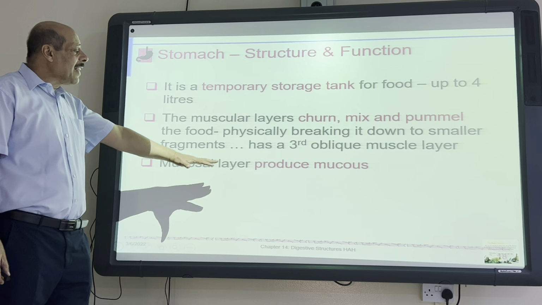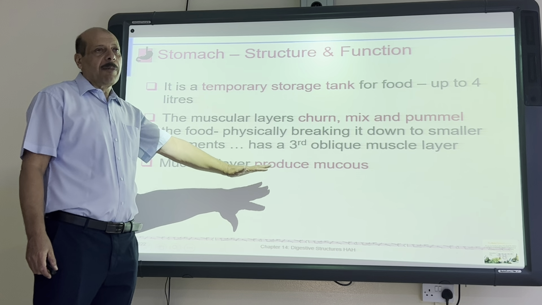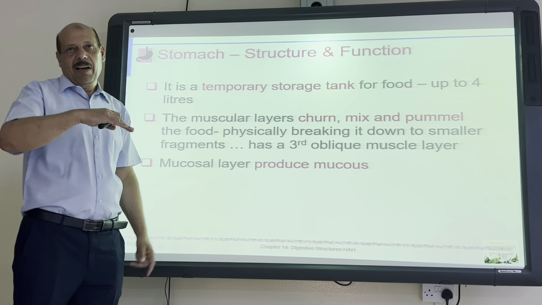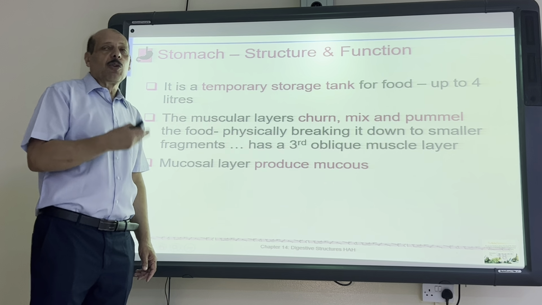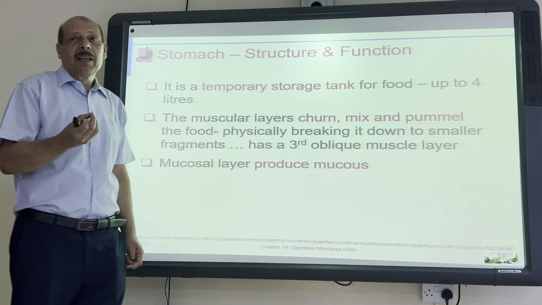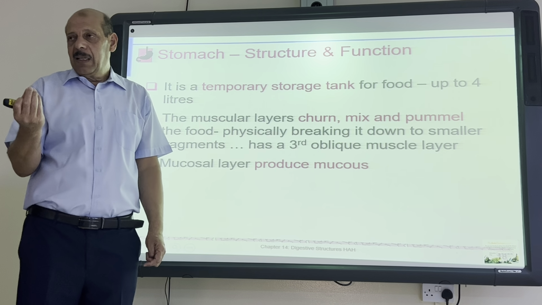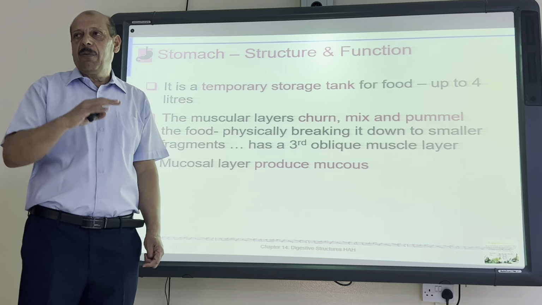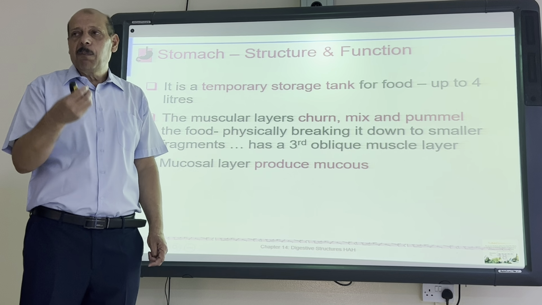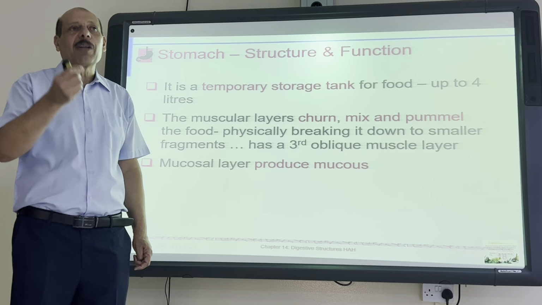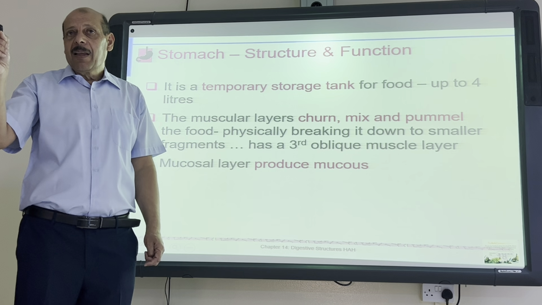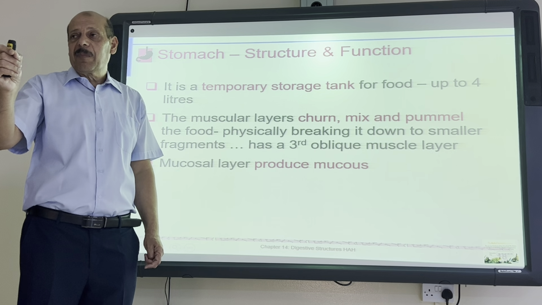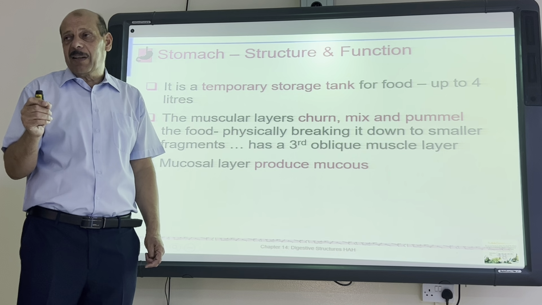The inner layer is the mucosal layer, which produces mucus. We said that the mucus will protect the wall of the stomach from being digested or getting necrosis from the gastric juices secreted in the stomach.